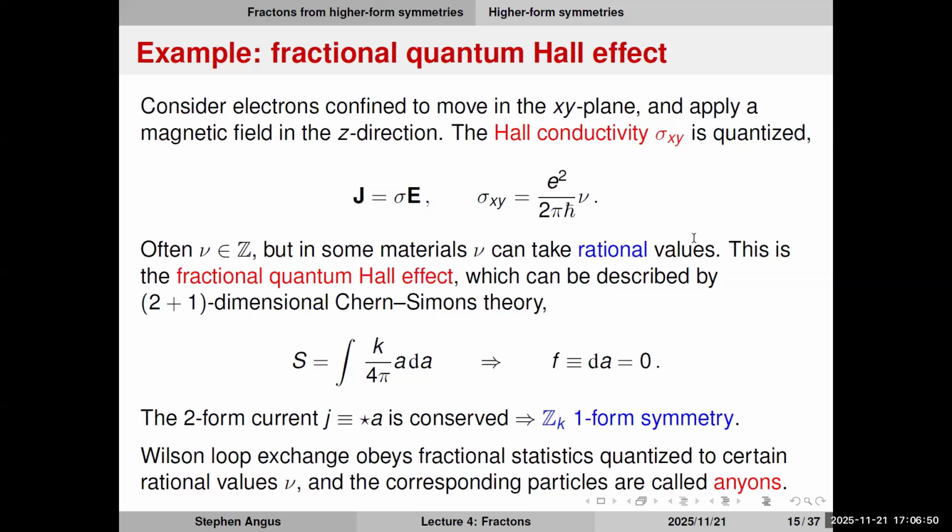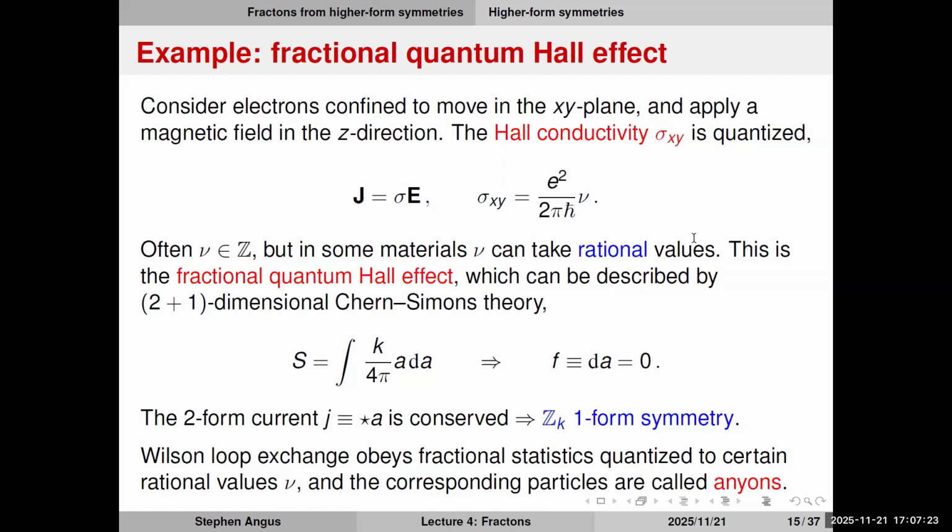That's not so important to this talk. Then we have A dA, where A is a one-form vector potential, like a usual vector potential. The equation of motion looks very trivial: the field strength F, defined as dA, the exterior derivative of A, is 0.